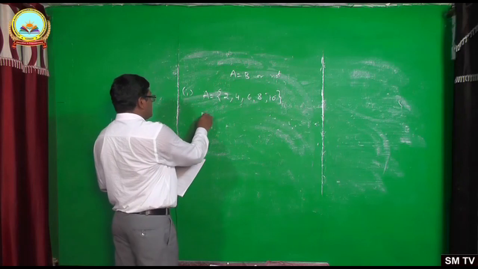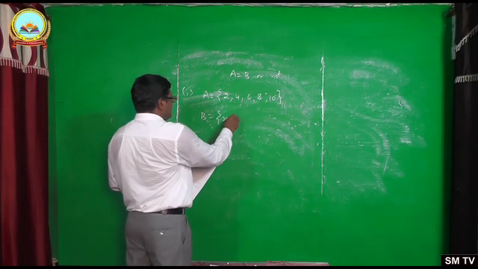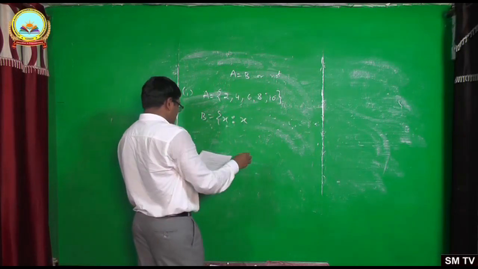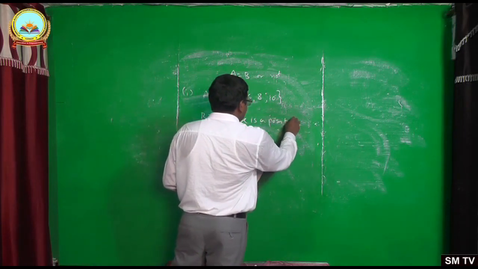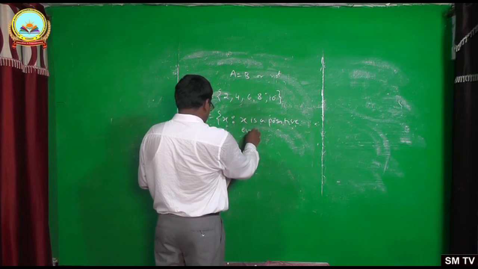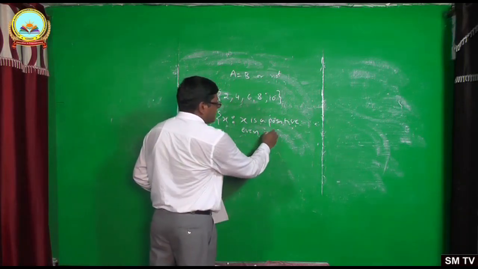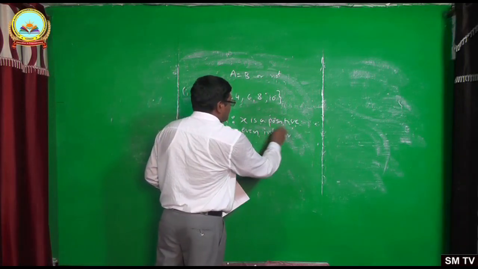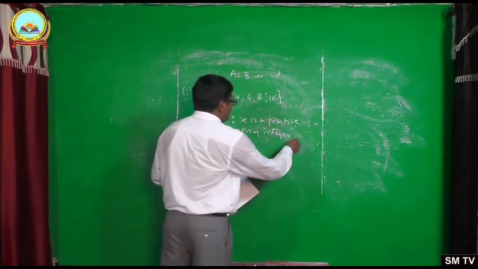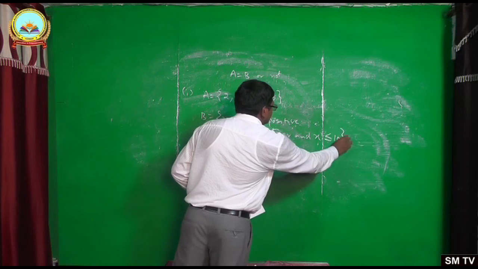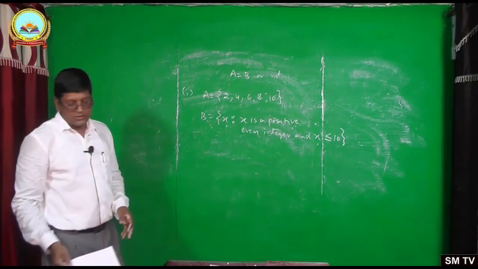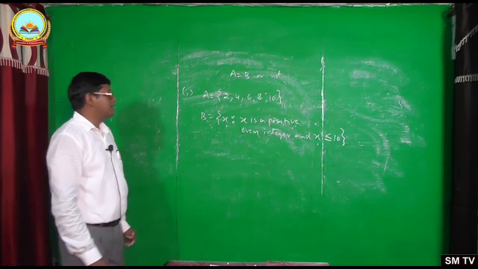And B is the set of all x such that x is a positive even integer, and x is less than or equal to 10. The question is, are they equal? Yes.